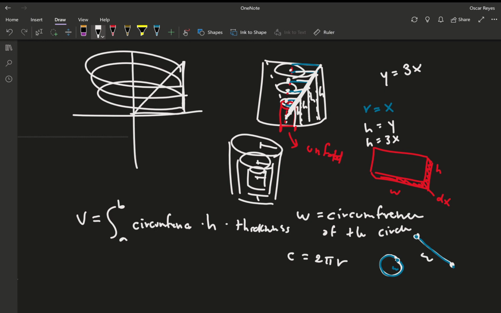And the circumference and the height would be basically our area of that piece of paper, which is just W times height, because our area for this piece of paper is width times height. And then if we want to find the volume of it, its volume is equal to width times height times thickness.